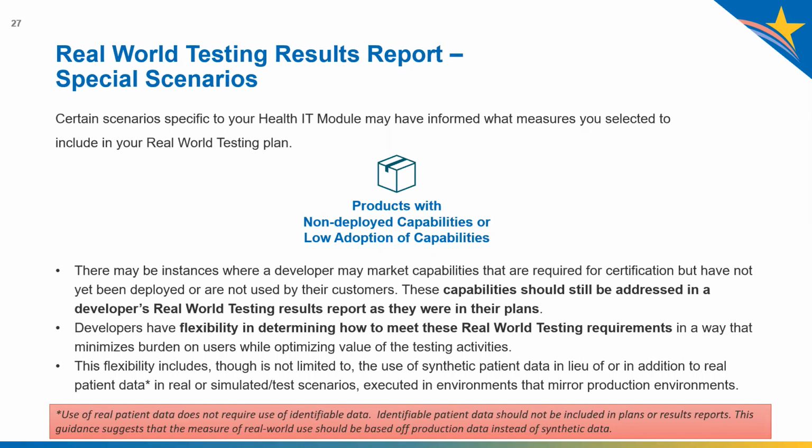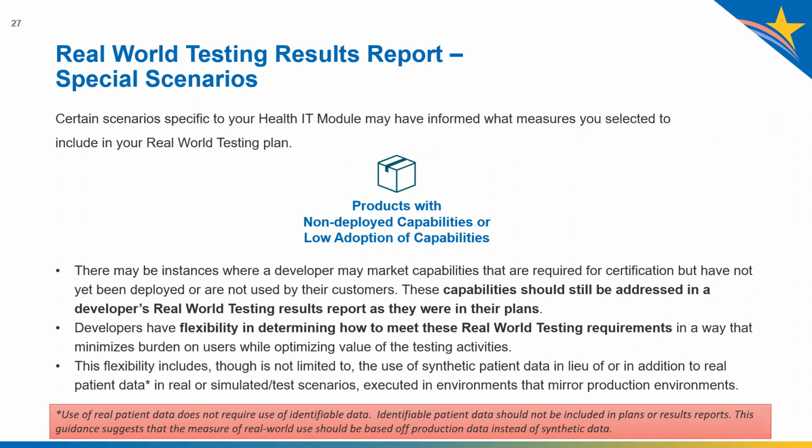The requirement is that you still report on that, okay? Because that will demonstrate to your ONC ACB, and to ONC, that you still did everything you could to meet these requirements. And you're just going to report on the data that came out of those activities and those efforts, okay?